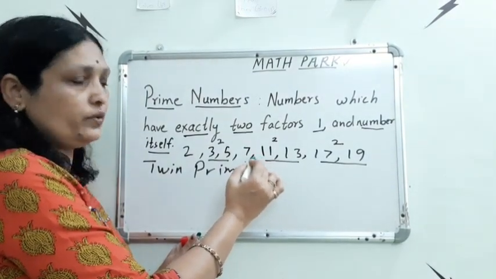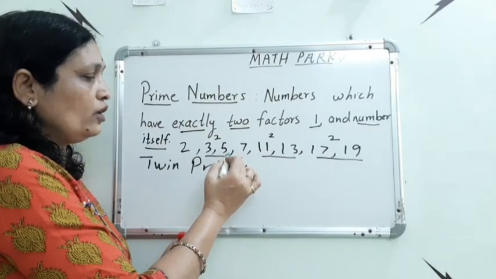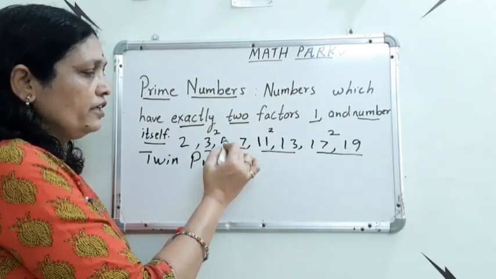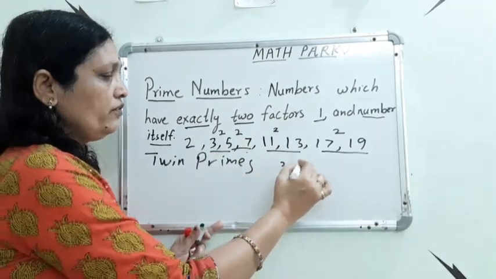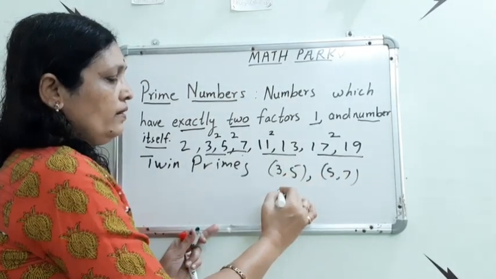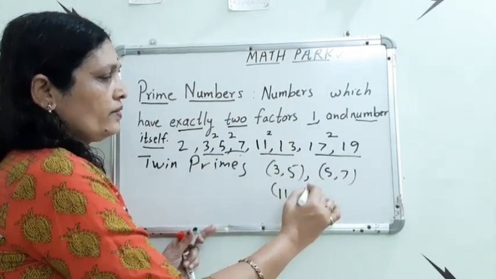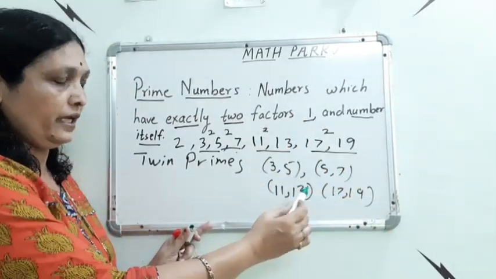So these cannot be twin primes. 5 and 7 can be twin primes because the difference is 2. 7 minus 5 is 2. So we have the twin primes 3 and 5, 5 and 7, 11 and 13, and 17 and 19. Okay, so these are the twin primes up to 20.